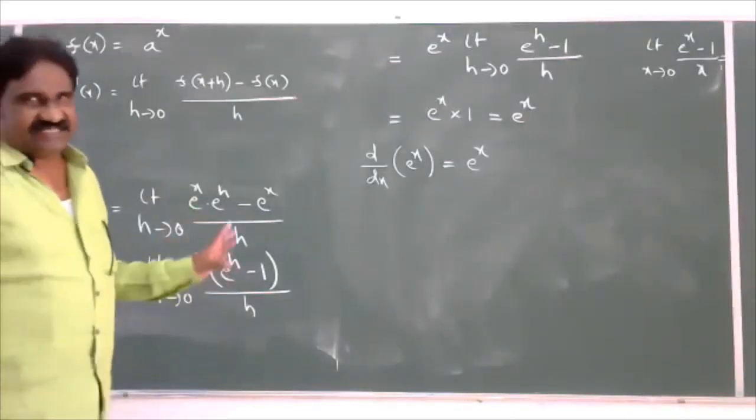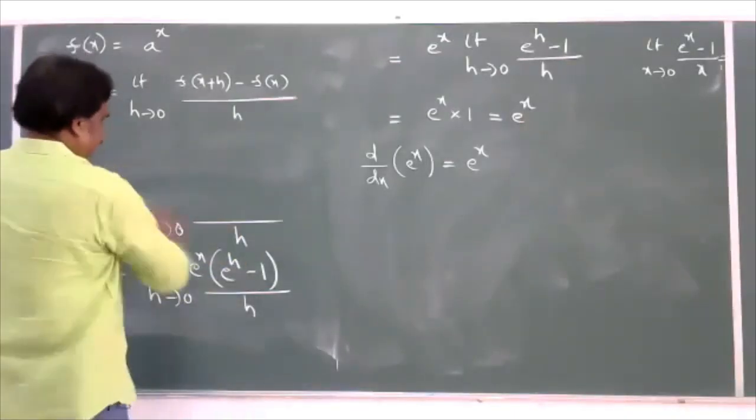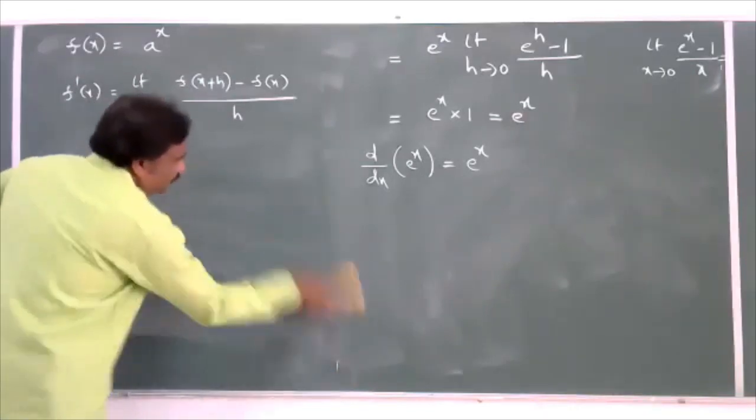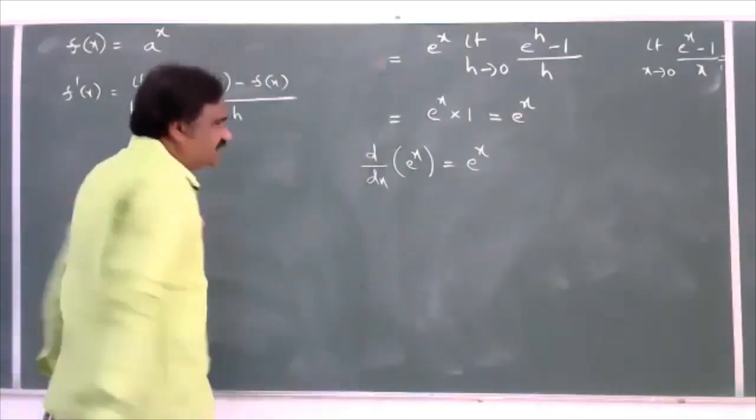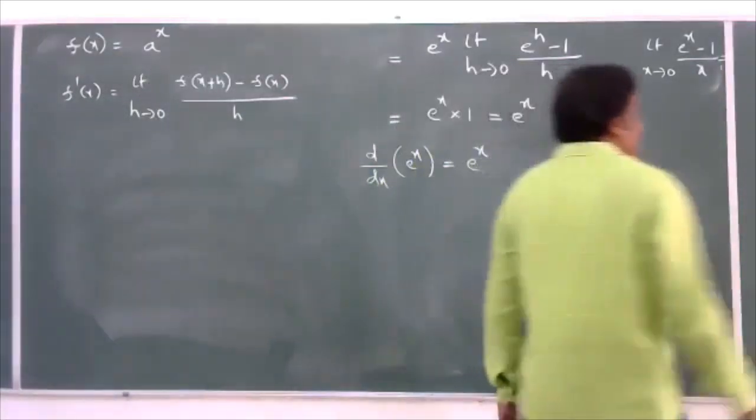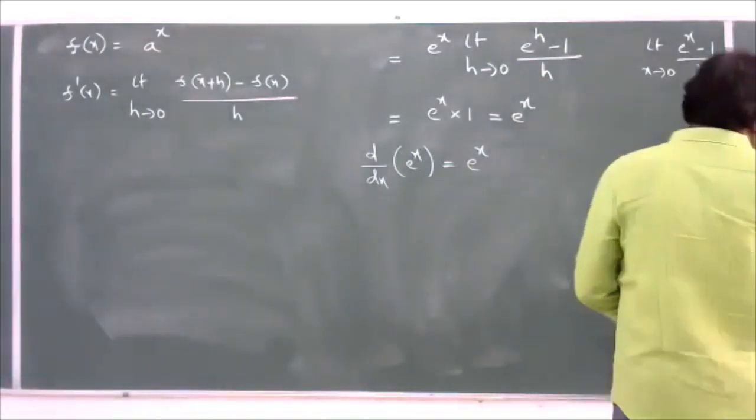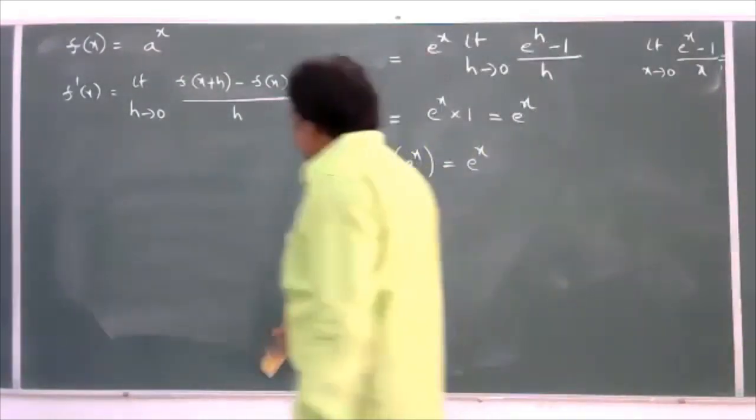Same, by using the same process here. Here given f of x is a power x, an exponential function. Here a power x and e power x both are exponential functions.